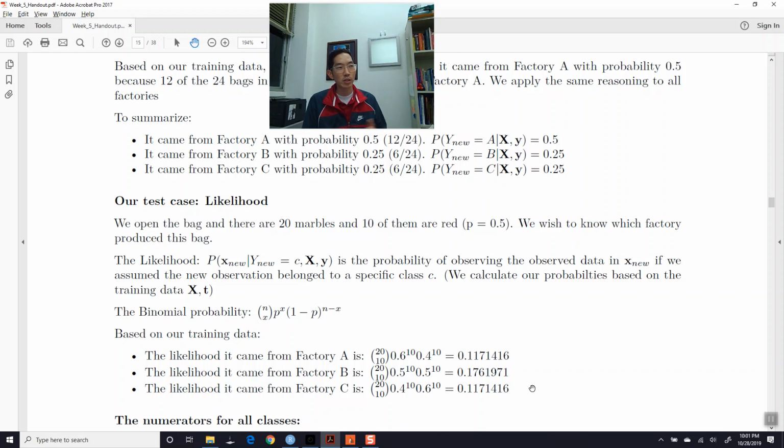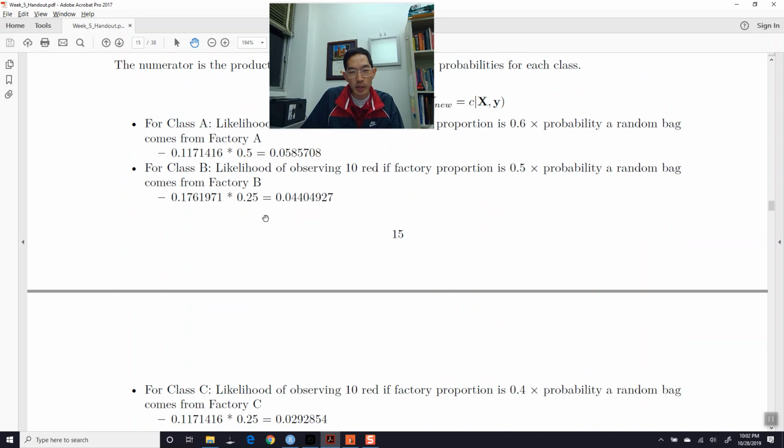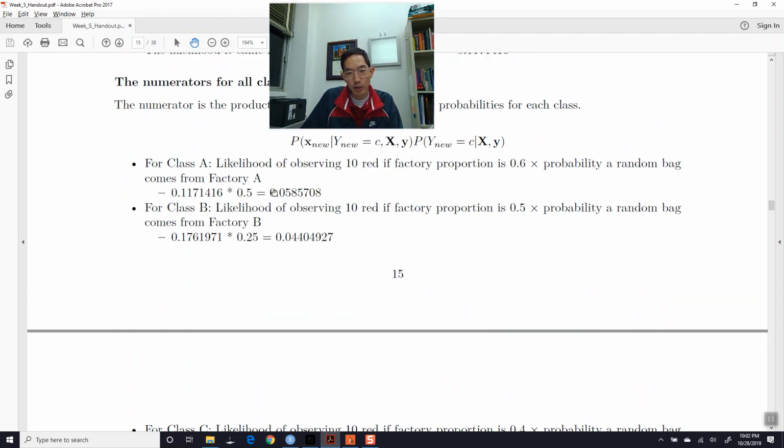So there's the question: is it more likely that it came from factory A, where our random sample happened to have fewer red marbles than the factory A average, or is it more likely that we got the prototypical factory B bag, and it came from factory B? Okay, so we multiply these together, and these are the numerator values.